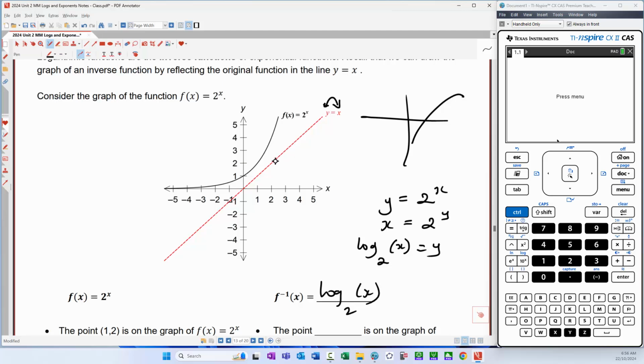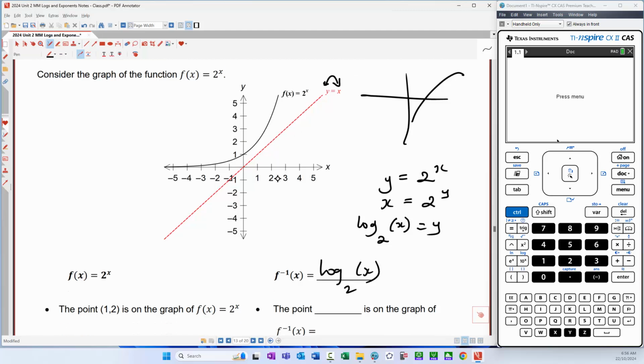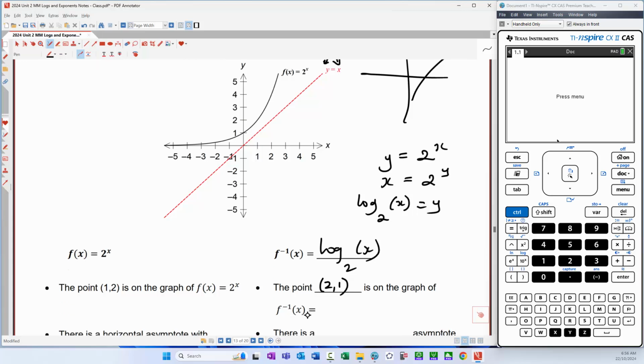All right, so let's have a look at some of the points. The point (1, 2) is on the graph of f of x equals 2 to the x. So that means the point (2, 1) is on the graph of the inverse, f negative 1 of x, which is log base 2 of x. Now, why is that?